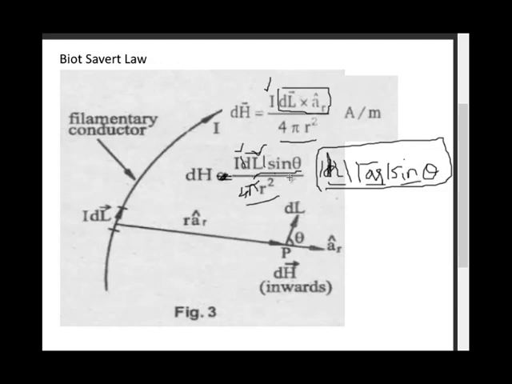So this formula shows the actual nature of dH, which depends on three parameters: I dl sin theta divided by r squared. Also it shows the direction with the help of this cross product.